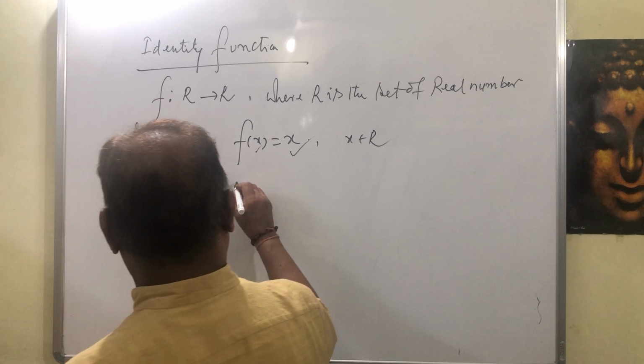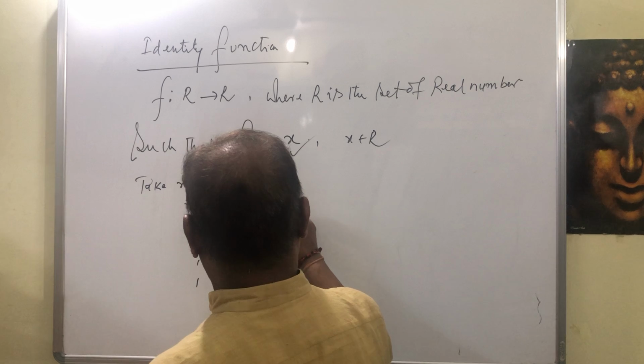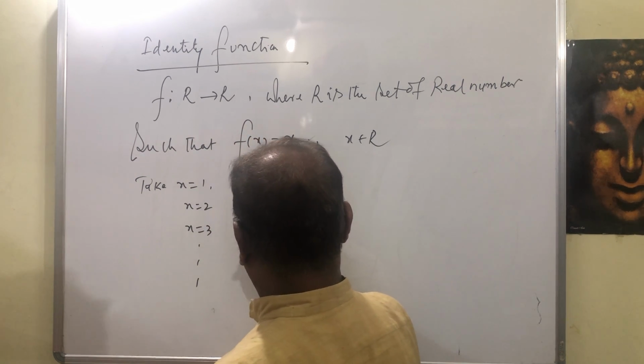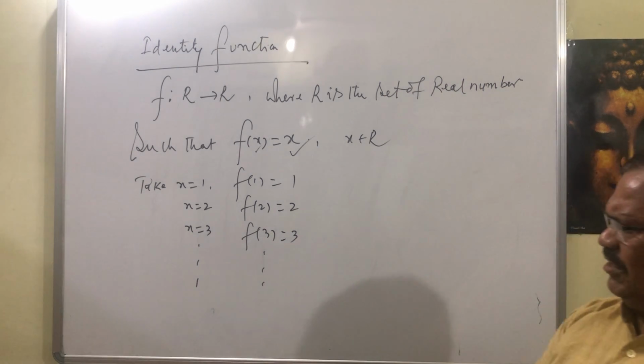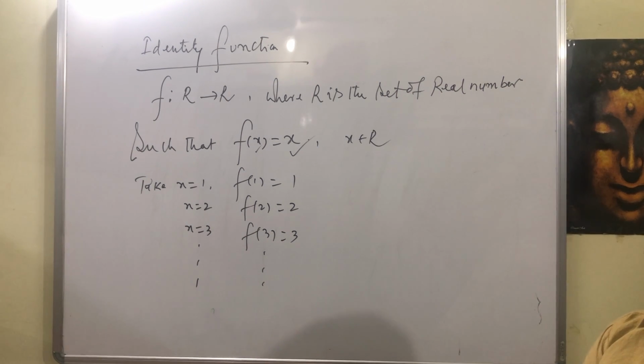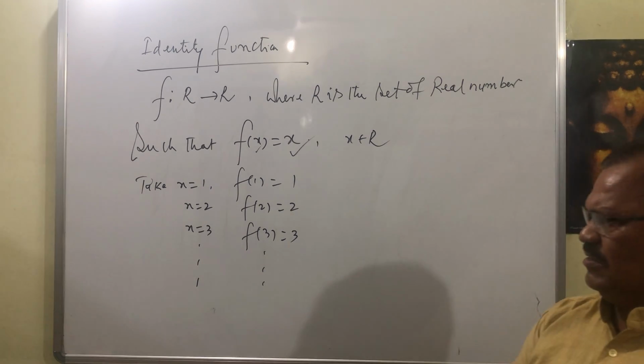What we shall have? f(1) is equal to 1, f(2) is equal to 2, f(3) is equal to 3. So this is the condition for this relation to be a function, that every element of the domain has got its own image.